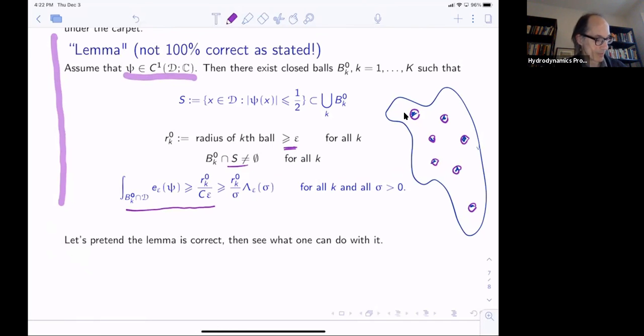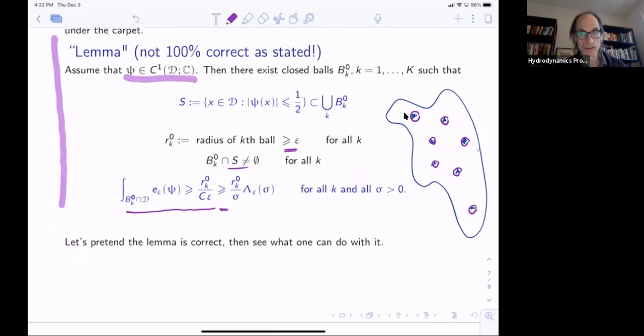So the second inequality here is an easy property of this function capital lambda, and the first inequality is the part where I'm being a little bit dishonest. The idea is if the degree is non-zero, well then it's pretty easy to show that the energy must be order 1, and if the ball is big, well then on all radii bigger than epsilon, we can apply the previous estimate to find quite a lot of energy.